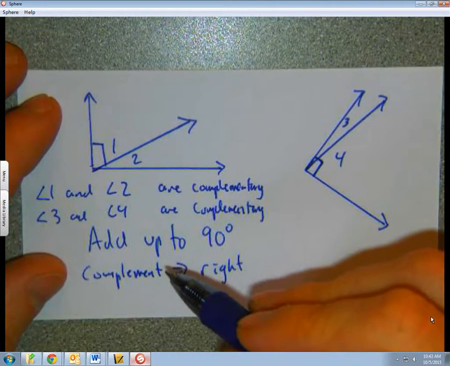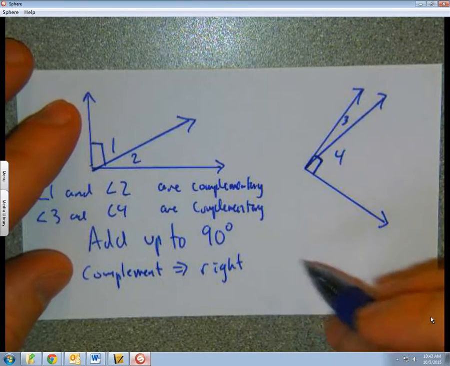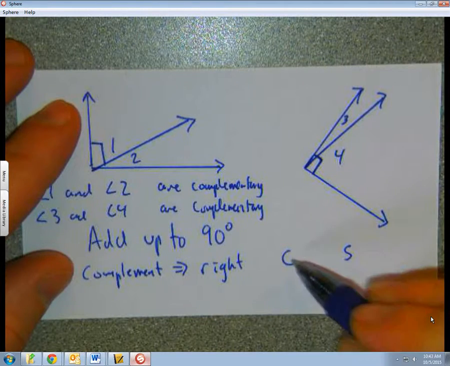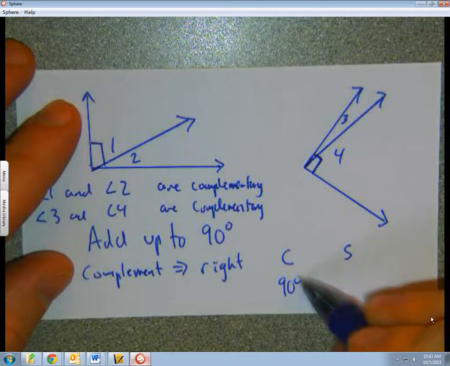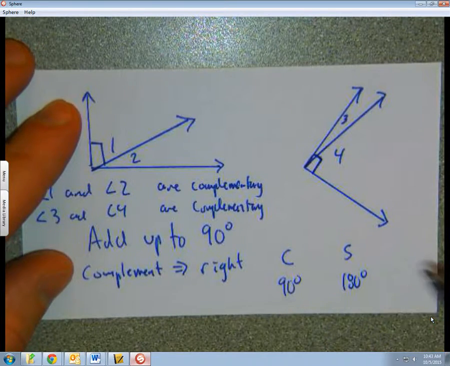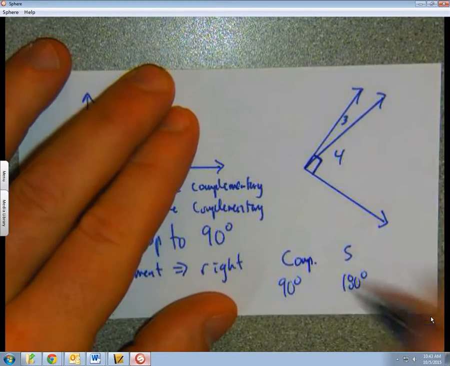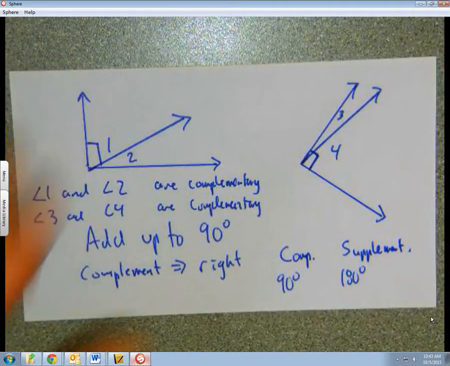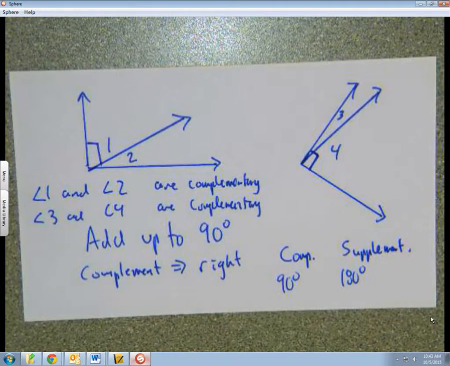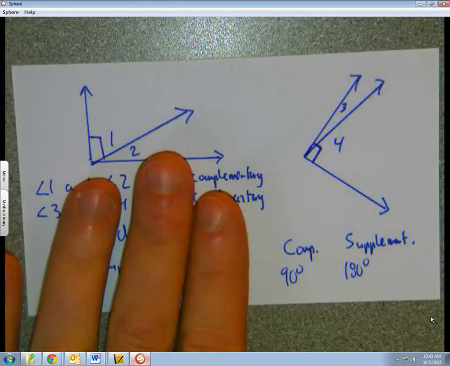You have complement and supplement. You've got C and S, and C is obviously before S in the alphabet, so that will be 90, and that is 180. Complement, supplement. Okay, and that kind of spoils where we're going, but whatever. Can't be perfect all the time. So that is that guy.